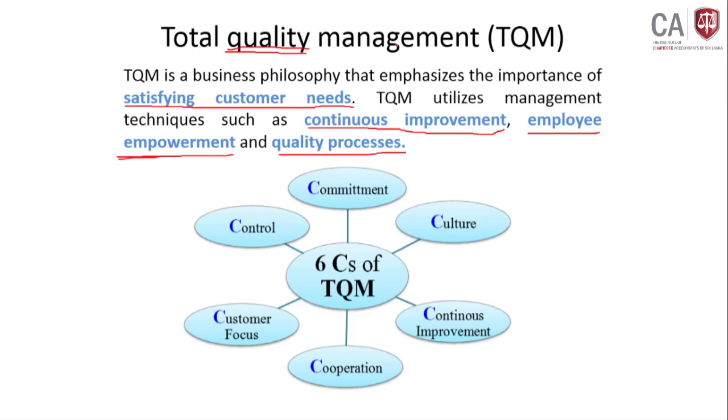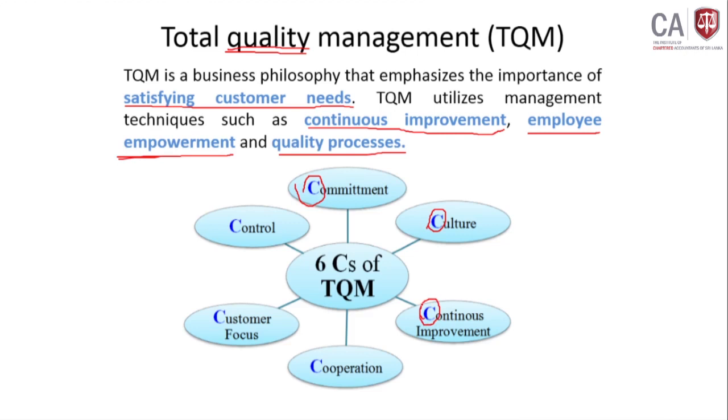And in TQM, there are 6 C's of TQM. What are those? Commitment is one. You should have a very good commitment. Culture, the culture of the organization. Continuous improvement.